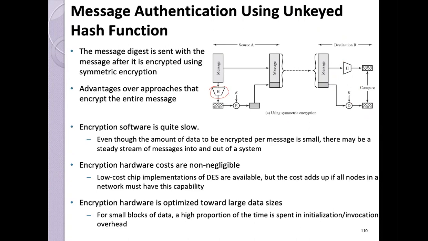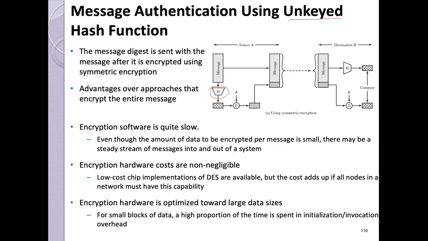We just want to use it for some comparison. So we should be able to use a hash function for message authentication. Yeah, that's right. We have two types of message authentication: using unkeyed and using keyed hash functions. Of course, the first one, which is easier, is message authentication using an unkeyed hash function.